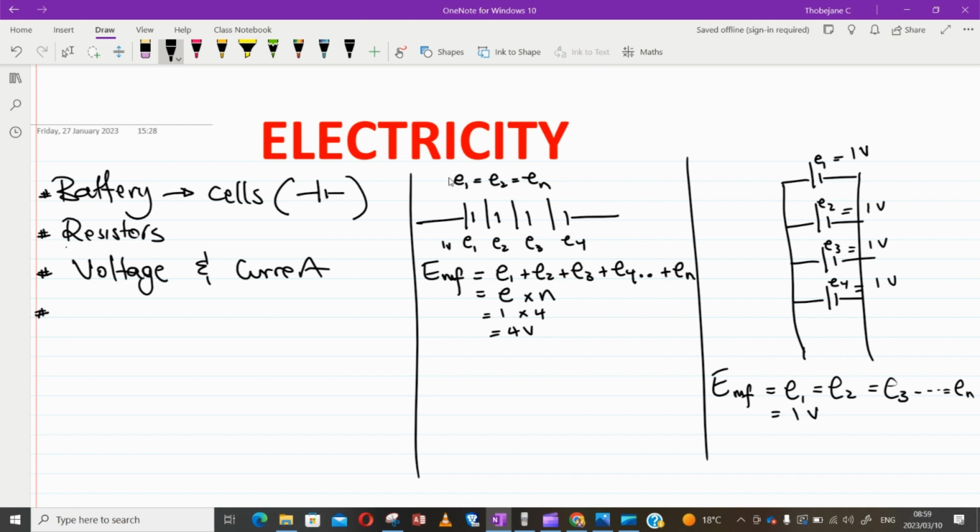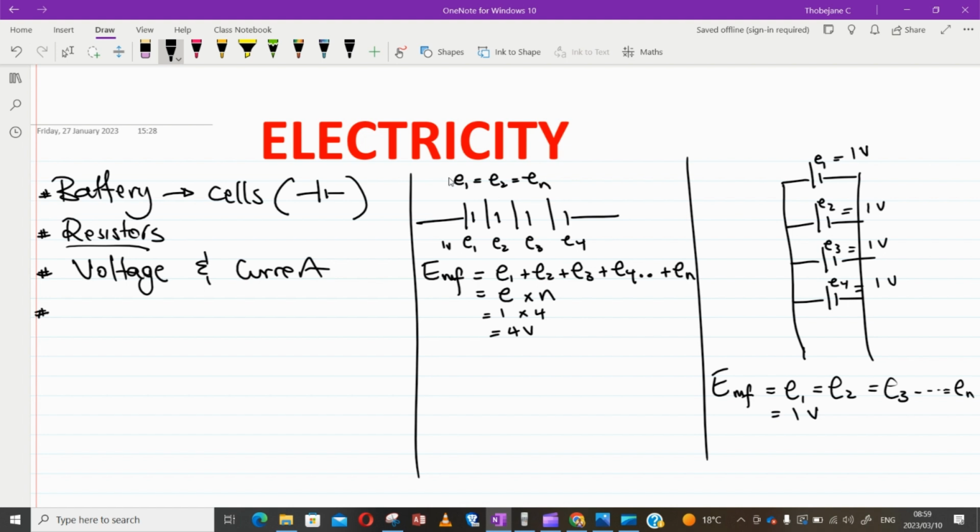Now, let us talk about resistors. We have two types of resistors when it comes to this circuit. We have an internal resistor and we have an external resistor. An internal resistor is that resistance which is obtained inside a cell of a battery.